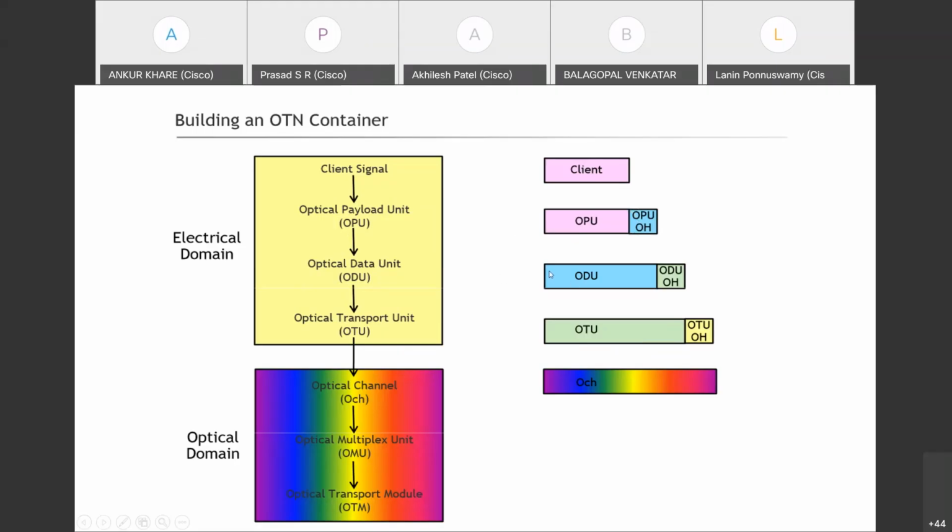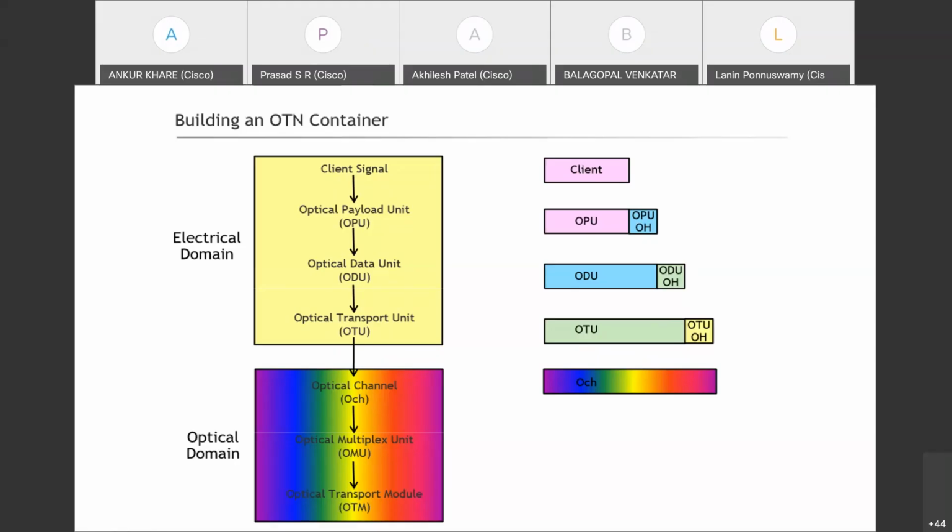Another encapsulation is ODU. So ODU overheads will be added here. When we talk about end-to-end circuits, the circuits will be ODU circuits. Then another encapsulation on top of that will be OTU, which is the optical transport unit.